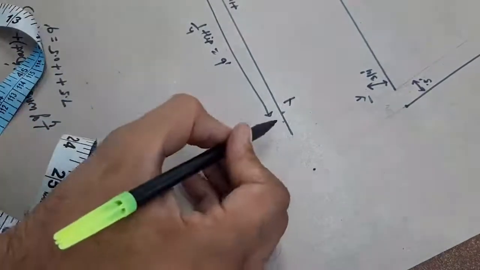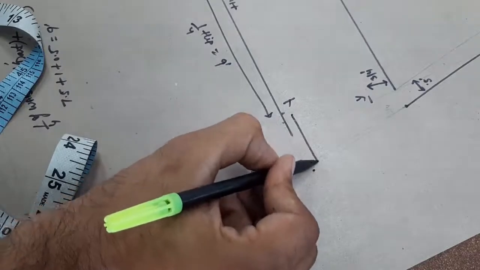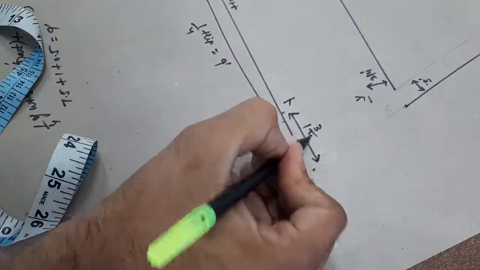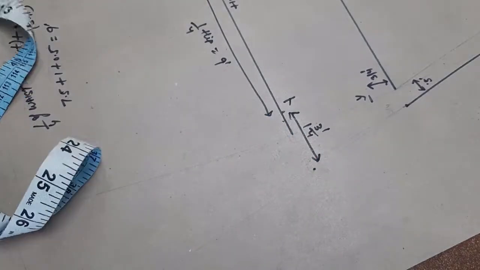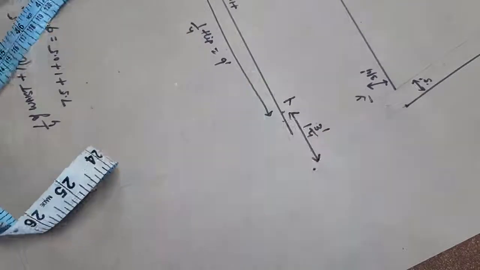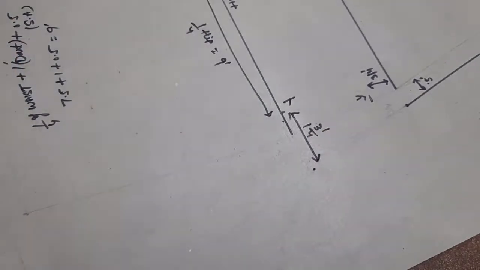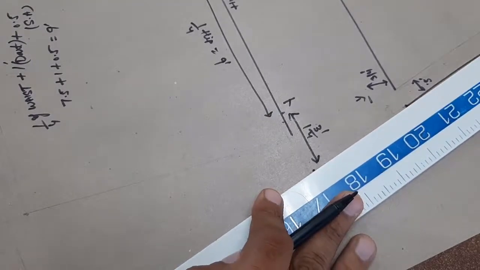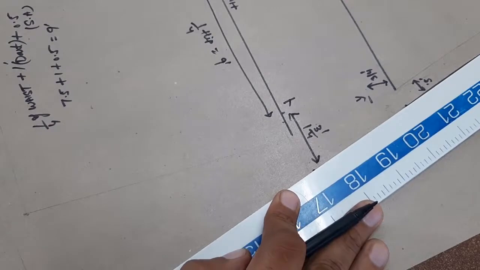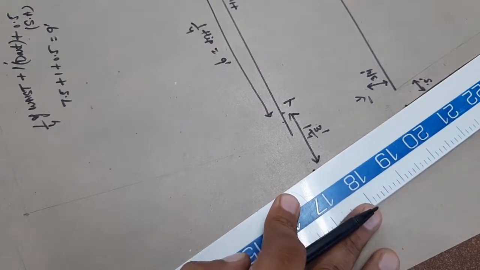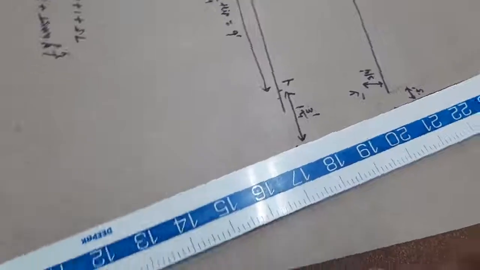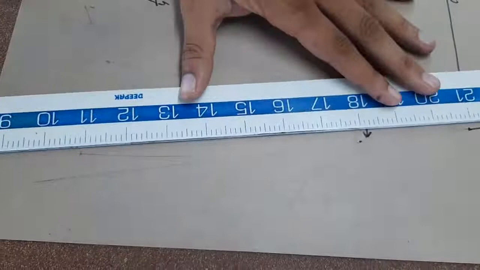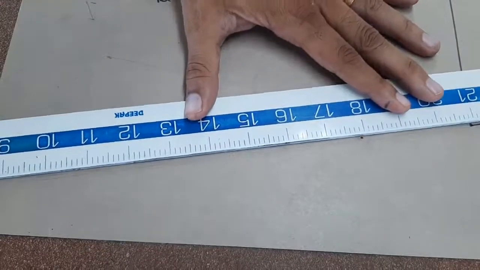That much distance from here to this point we are extending, 1 3/4 inch. Once you got this point, simply extend out your line. See, this much segment we need to simply join. Simply you need to join these two segments.